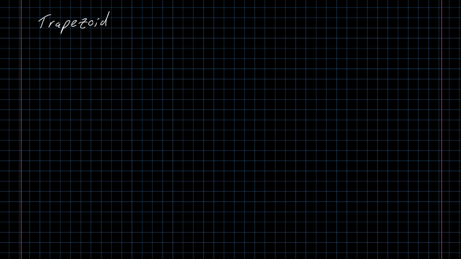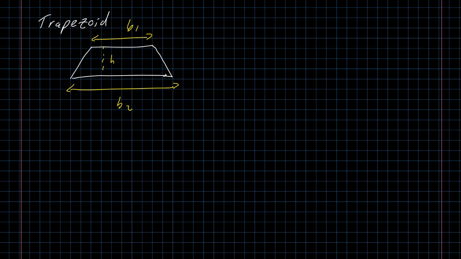Up next is the trapezoid. Trapezoids are a little bit challenging because there are so many different forms that shape can take on. The classic picture of a trapezoid looks something like this. We're going to call the distance at the top here B1 and the distance at the bottom here B2, and then figure out the perpendicular height between them.